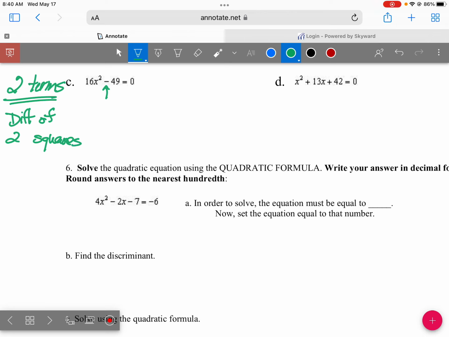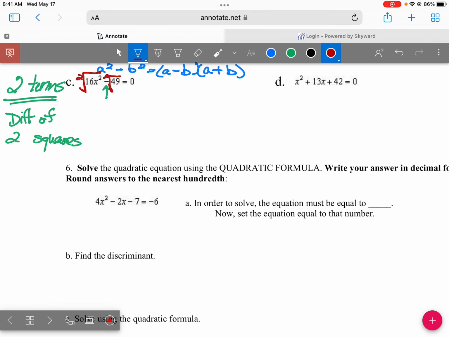And if you remember, that says that a squared minus b squared is equal to a minus b times a plus b. So we need to take the square root of both of these numbers. And I'm putting the 2 there, which I didn't always do before. And you don't have to.